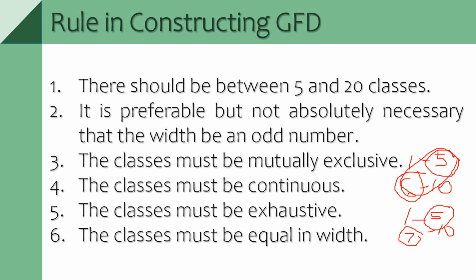So, kung ano yung range, kung ano yung interval ng first class, kailangan ganun din yung interval ng second class, ng third class, hanggang sa dulong class. Hindi natin pwede sabihin na ang first class, for example, is less than 5. So, hindi pwede yun. Kasi pag sinabi natin less than 5, kasama si negative yon.